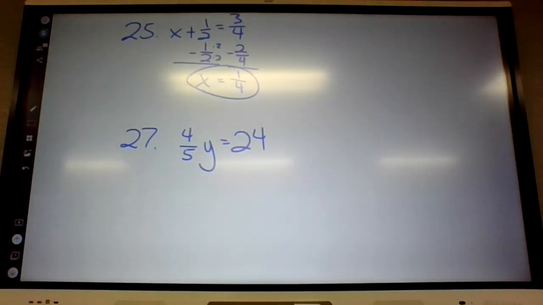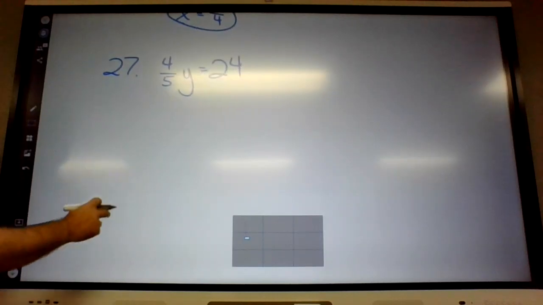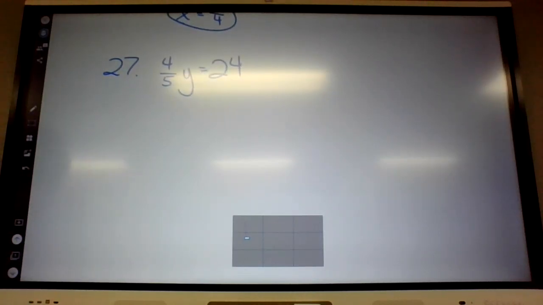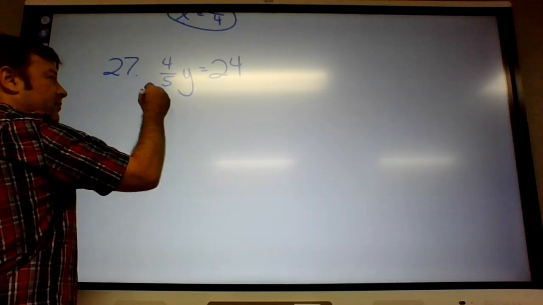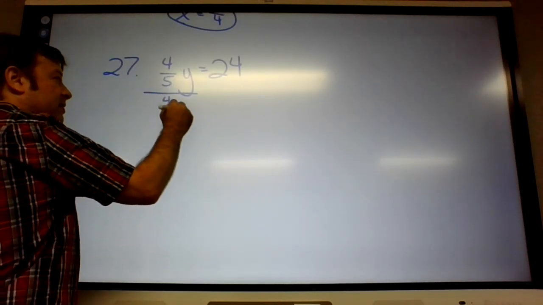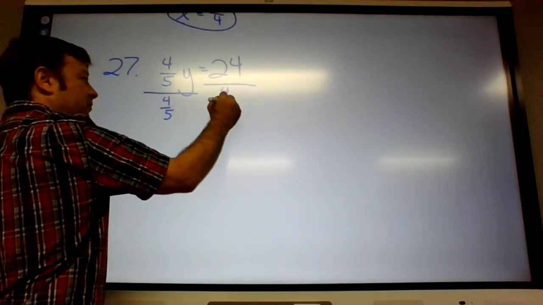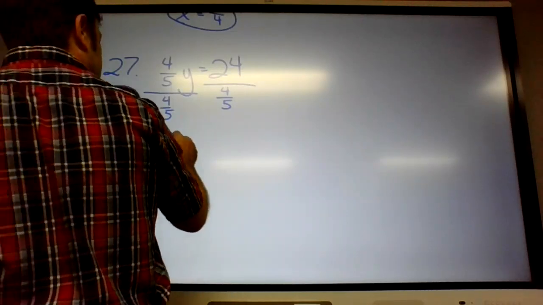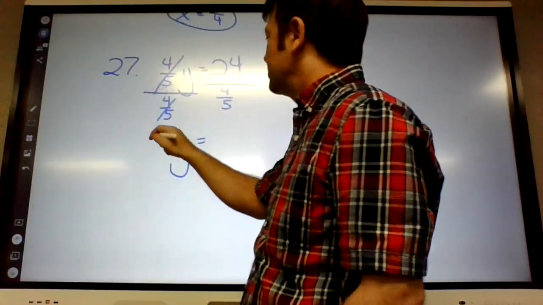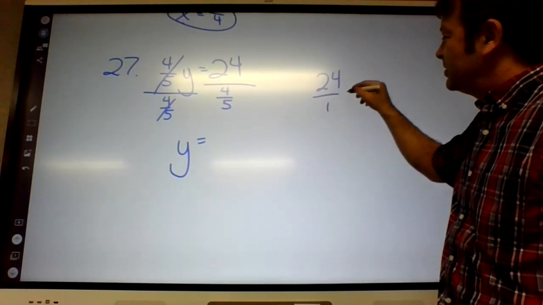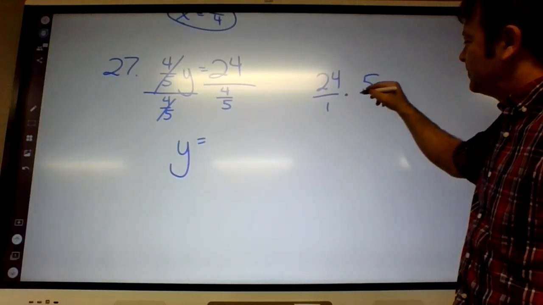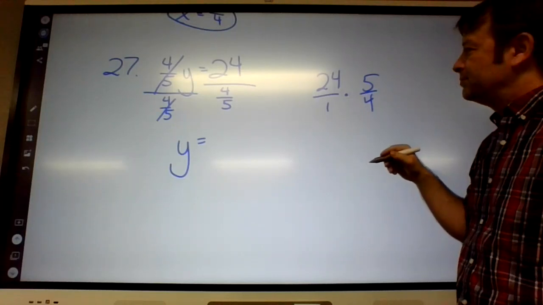All right, Savvy, what do we do on this one? You're dividing 24 by 4/5. Right. So 4/5 is multiplied to y, so we have to divide by 4/5. Now, you could just plug in 24 divided by 4/5. Does anybody know how we would do this by hand? 24 over 1 times 5/4.